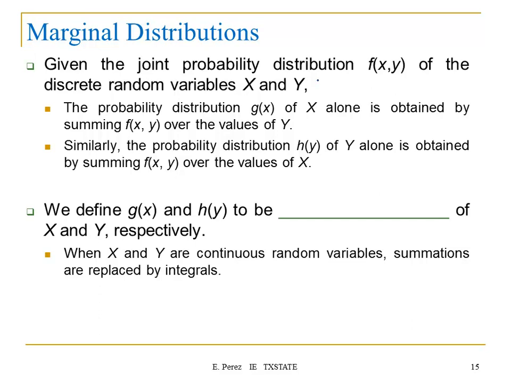So we define the function of x and the function of y to be the marginal distributions of x and y respectively. When these variables x and y are continuous, then the summations are replaced by what? Integrals. Okay. So we sum for the discrete, we integrate for the continuous.